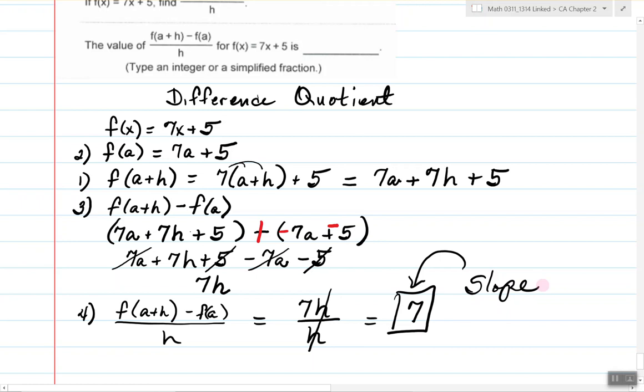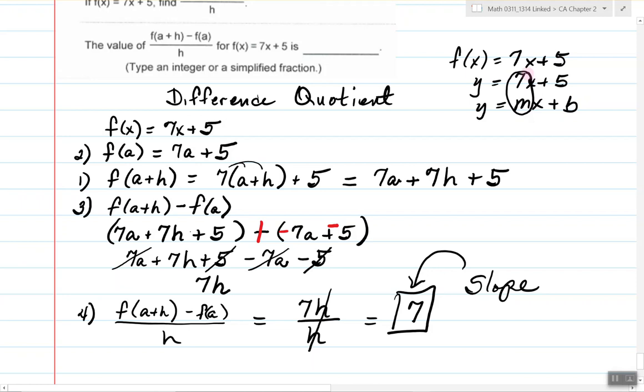And if you look back up here at the original, f of x is equal to 7x plus 5, y equals 7x plus 5, y equals mx plus b. Isn't that the slope?